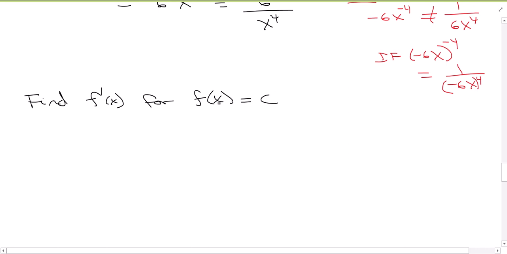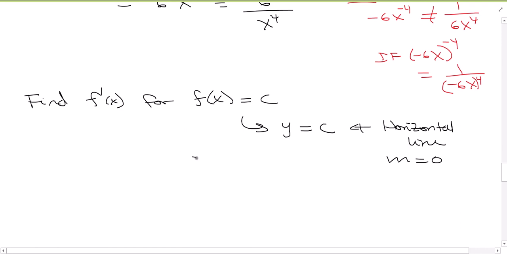The derivative gives you the slope of the line tangent to the graph at a point. So what is the slope of this? This is really the line y equals c. This is a horizontal line. What kind of slope do horizontal lines have? The slope is 0. So here f prime of x should be 0.